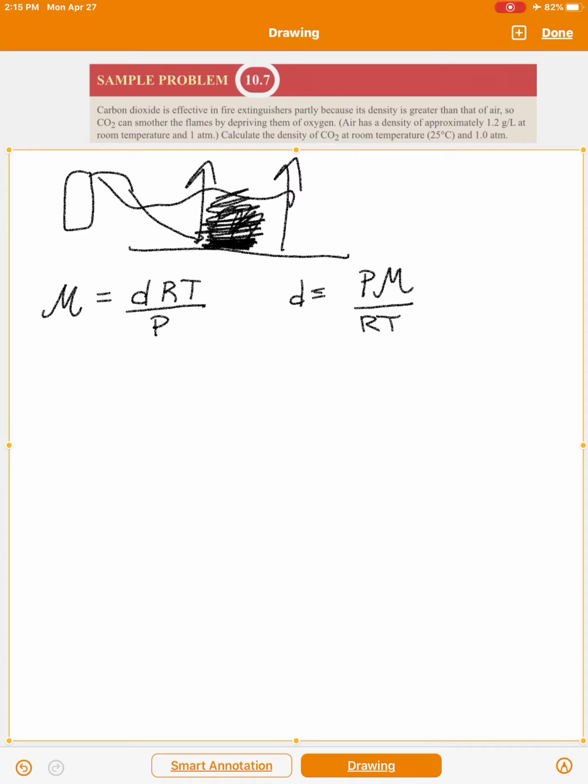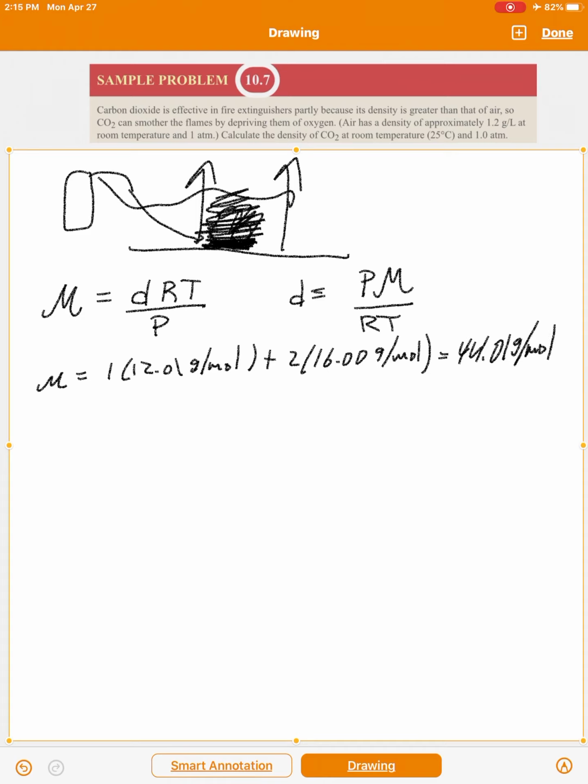So let's find the molar mass. Carbon dioxide, there's one carbon. Two oxygens. And there you go. 44.01 grams per mole is the molar mass for carbon dioxide. Almost everything else is given. We just have to convert the temperature into Kelvin.